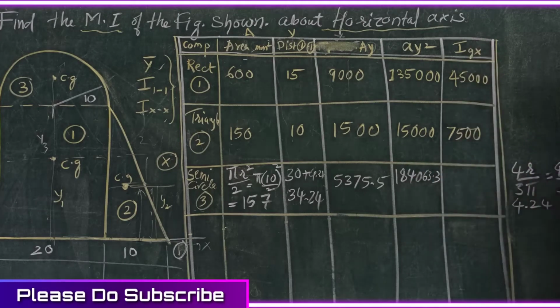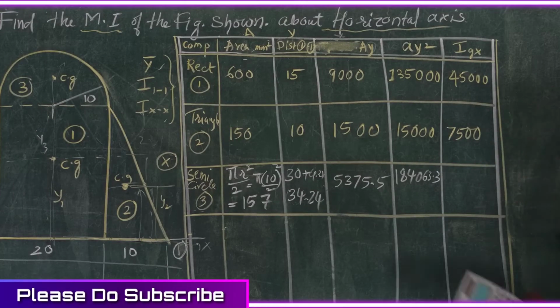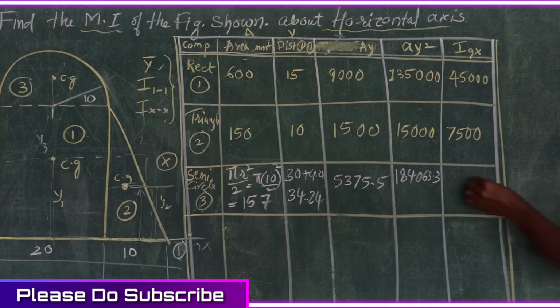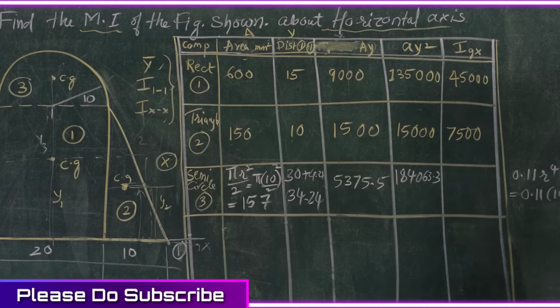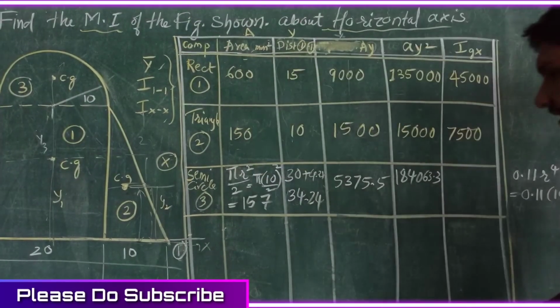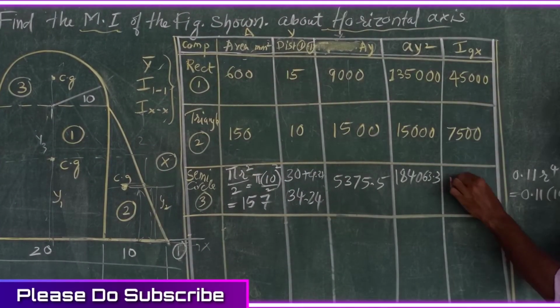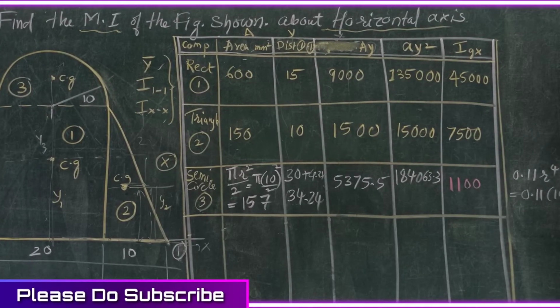Then the moment of inertia for a semicircle in the horizontal axis is 0.11 r power of 4. So 0.11 into 10 power of 4, we will obtain 110,100 millimeter power of 4. So these are the values which you will obtain.